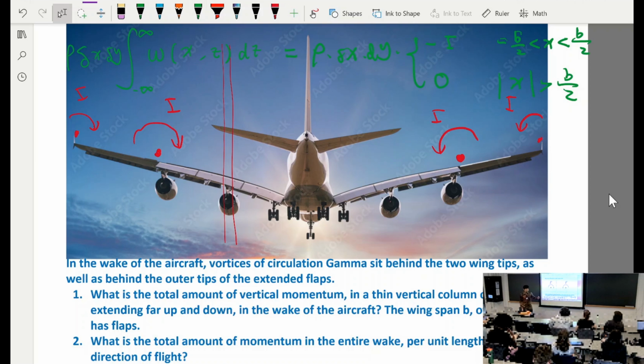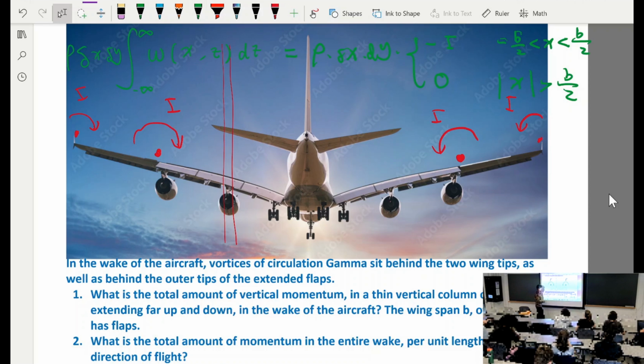Okay? And after we do the integral, we found that the total integral over any vertical column either has zero momentum if the column is outside of this pair of vortices, or has a downward momentum equal to rho times gamma, the circulation of the vortex, times the small area of this column, right? So delta x, delta y is the area of the column. Rho times gamma, right? That's momentum.